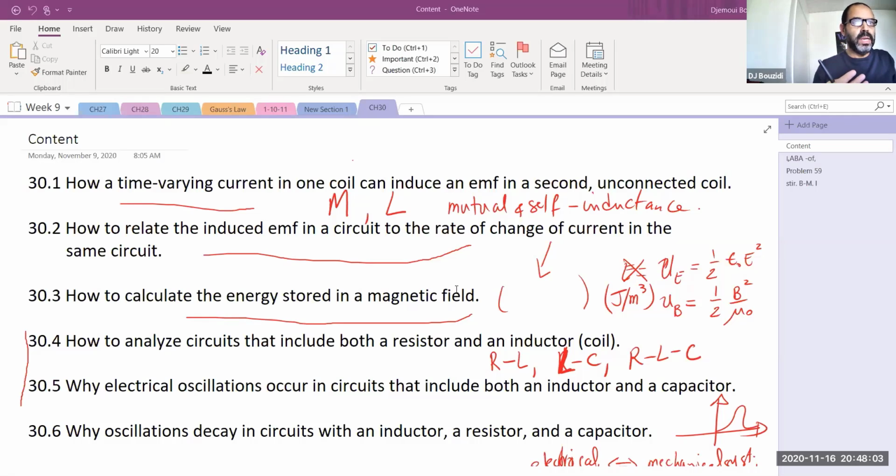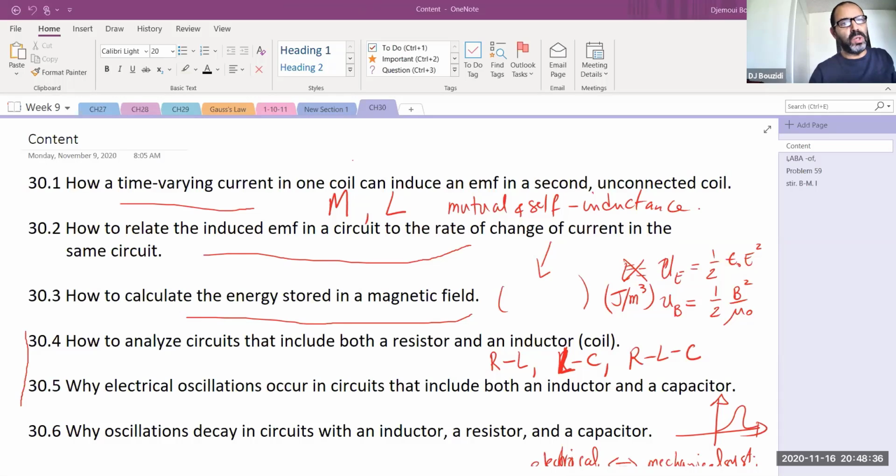If the current is fixed, it will still generate a magnetic field, but the flux will not be changing, so it's not going to induce a current or an EMF in the secondary. So in order to have this induction in the secondary, I have to have a current varying first in the first coil. That is in a nutshell what that was.